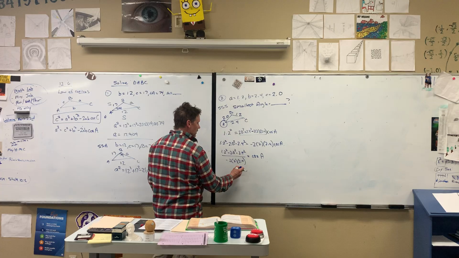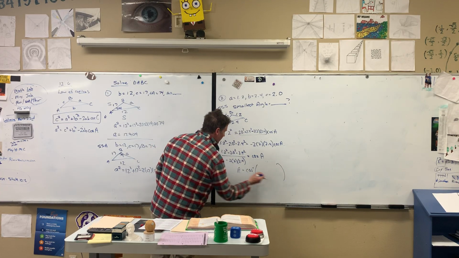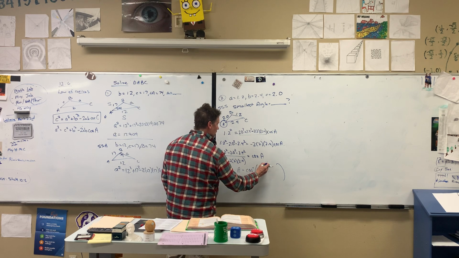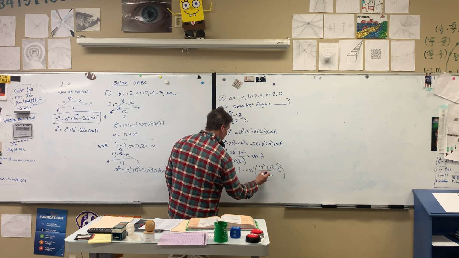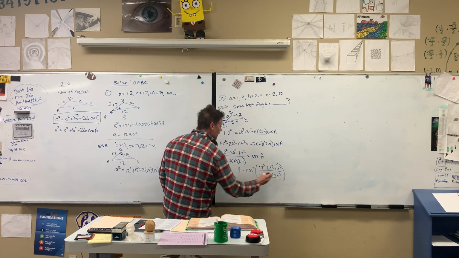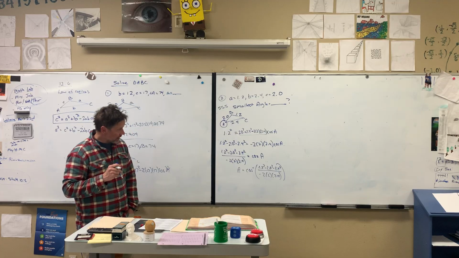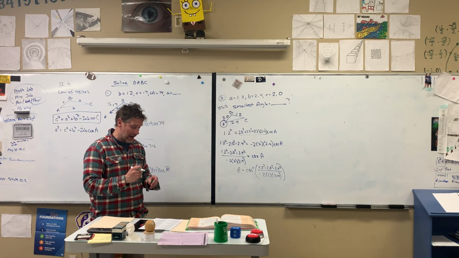Or you could do cosine inverse and then type in that whole fraction, 1.2 squared minus 2.0 squared minus 2.4 squared divided by negative 2 times 2 times 2.4, and then do the cosine inverse of all of that. You could do that.